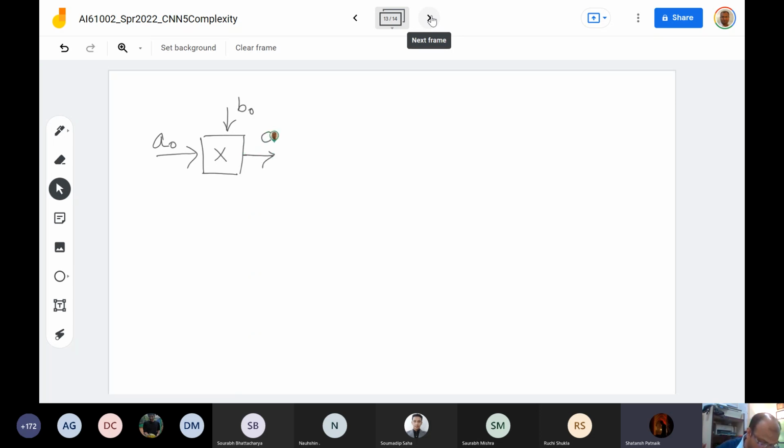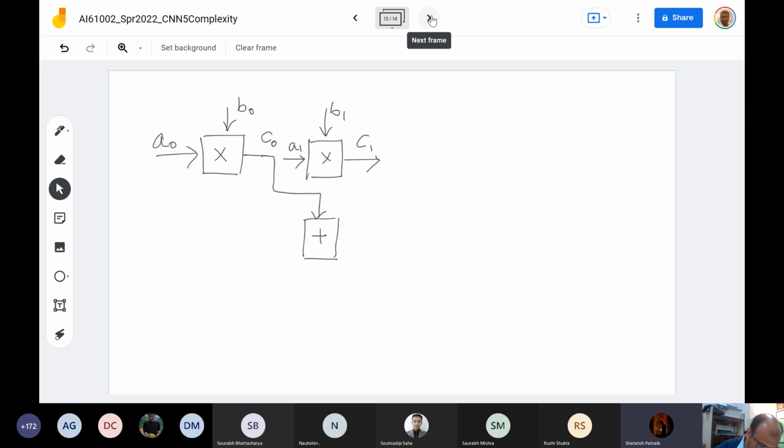Say C0. Now what I do is in the next clock cycle, I take this C0 and feed it into an adder. Now this multiplier is free. So here I give A1, B1 and out comes C1.